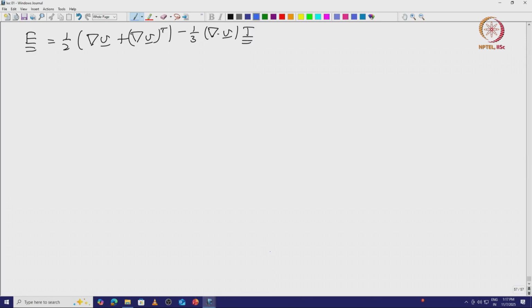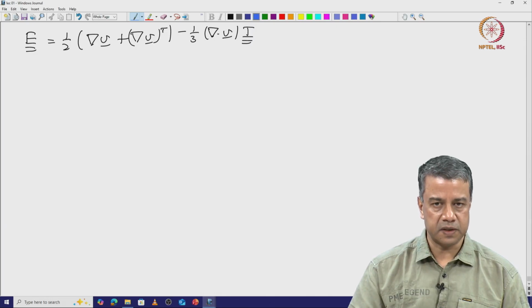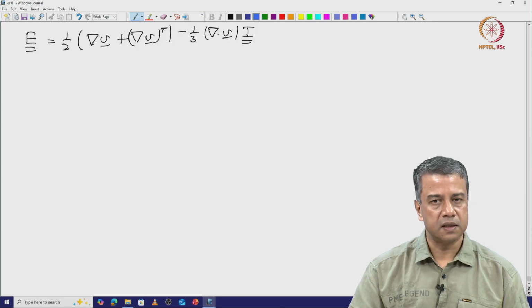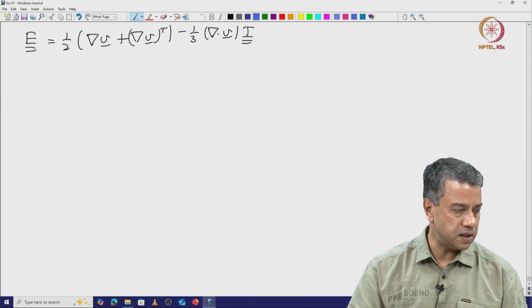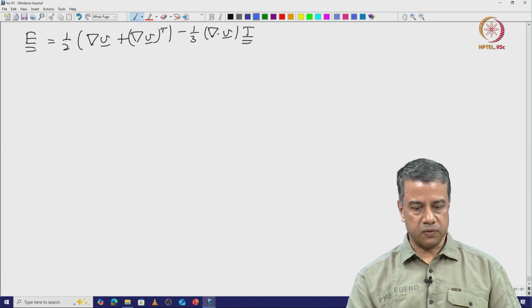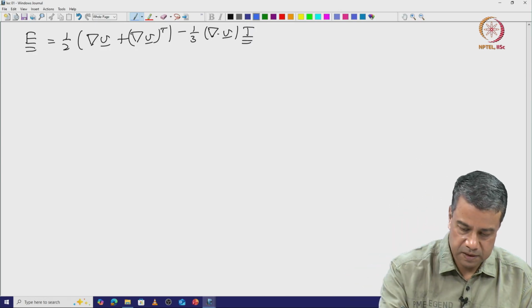Now, what types of deformations do each of these represent? I will discuss that for ease of visualization first in 2 dimensions, and then I will extend that to 3 dimensions.